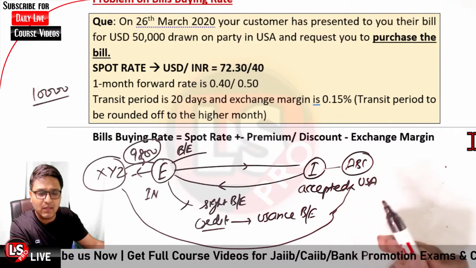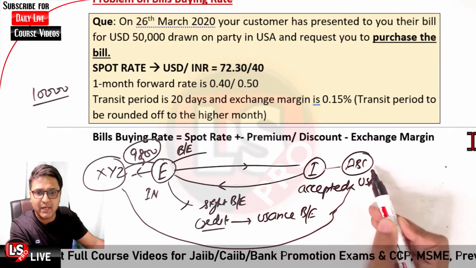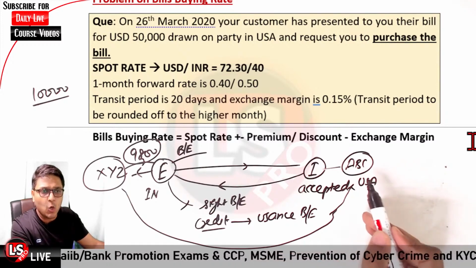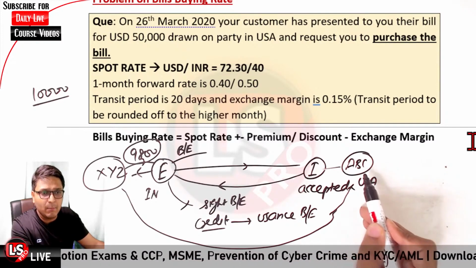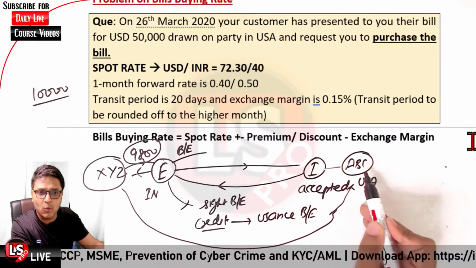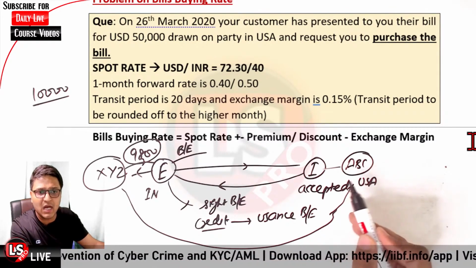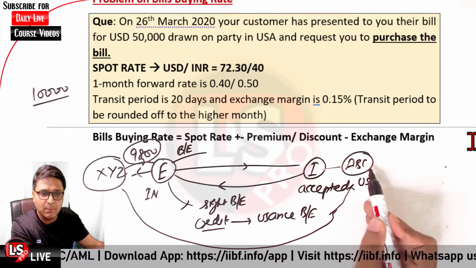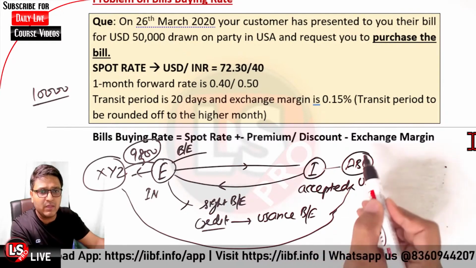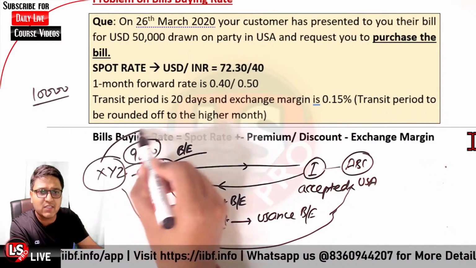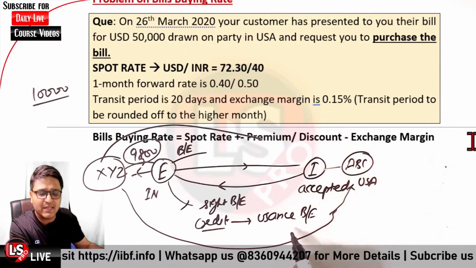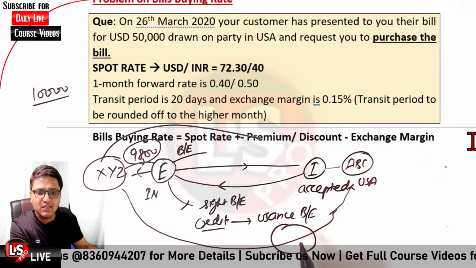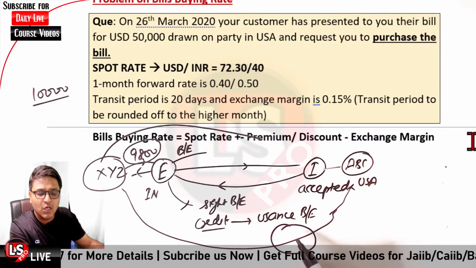After the bill has been presented to the importer's bank, the importer's bank will remit the amount on behalf of the importer. XYZ bank presents this bill of exchange to the importer's bank through its correspondent bank.